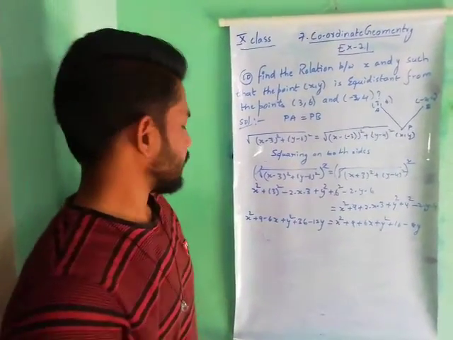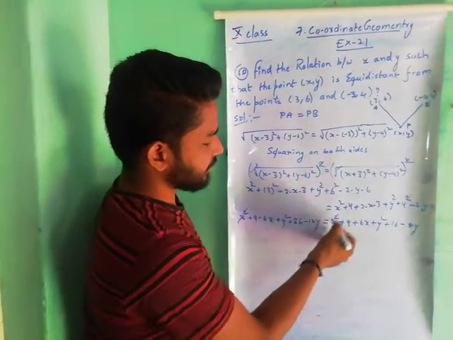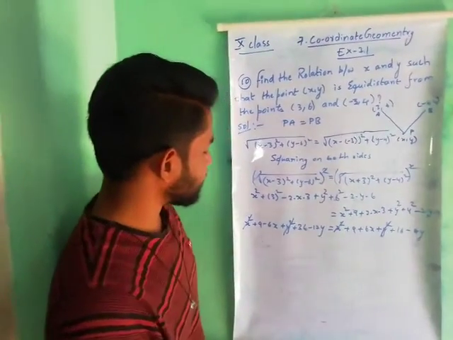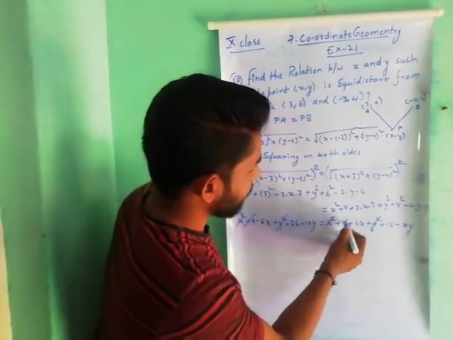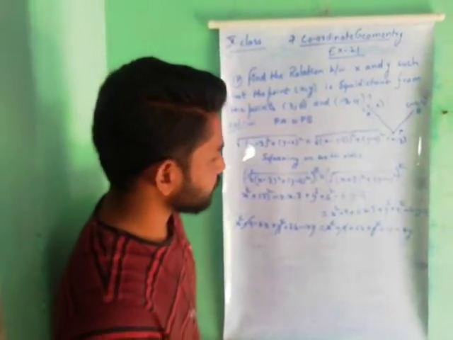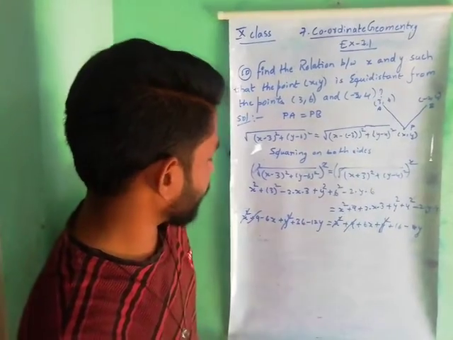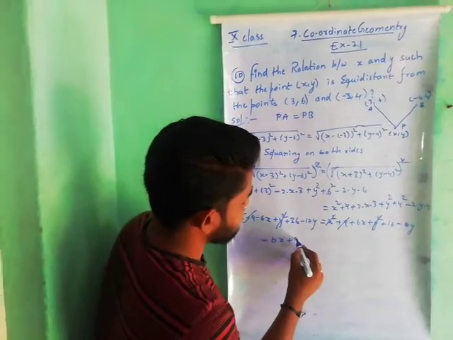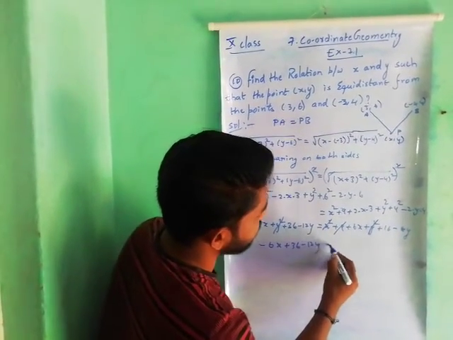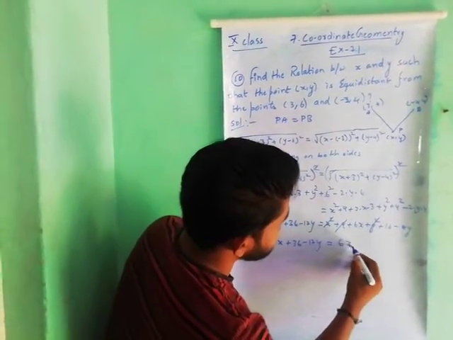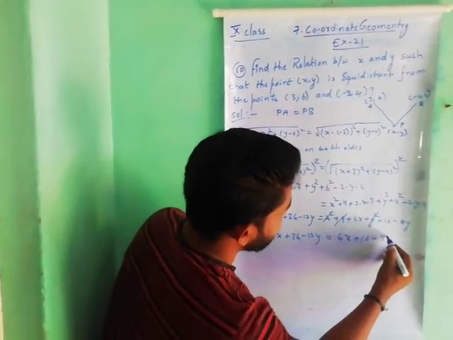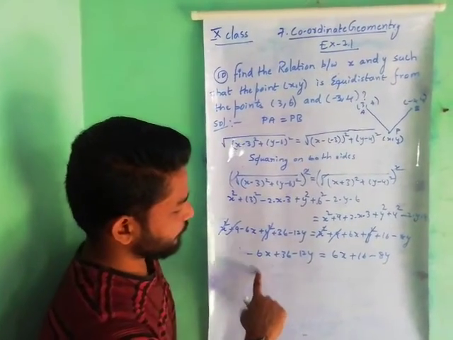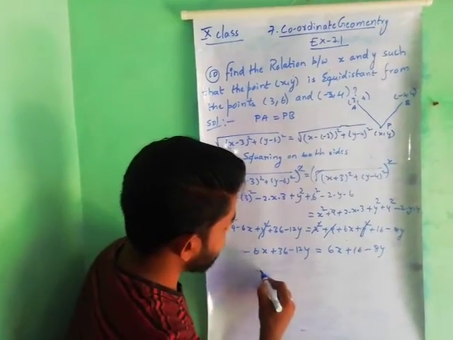Okay. Here also X square is there, so X square get cancelled, and Y square get cancelled. Plus 9 plus 9 get cancelled. Is there any similar? No. So finally minus 6x plus 36 minus 12y, here 6x plus 16 minus 8y. Okay. So 6x we have to take that side.